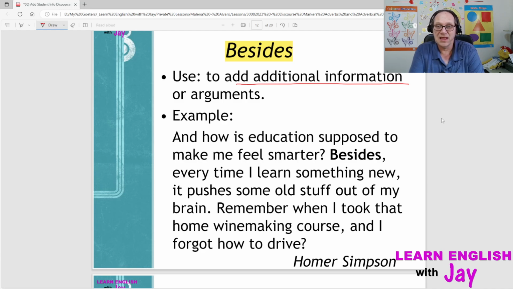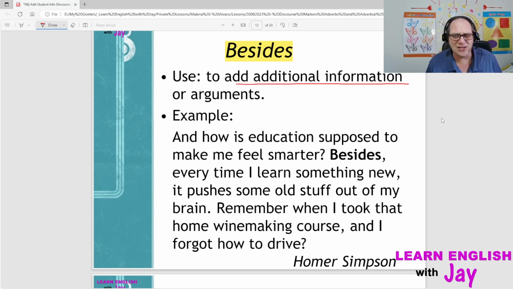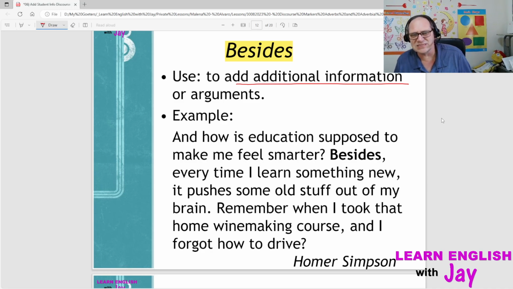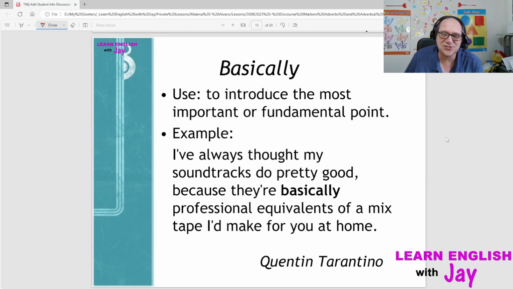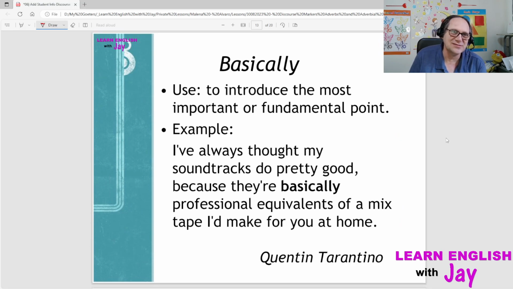And how is education supposed to make me feel smarter? Besides, every time I learn something new, it pushes some old stuff out of my brain. So quite an interesting way of looking at it. All right, so we're adding additional information to the statement that we've already made.